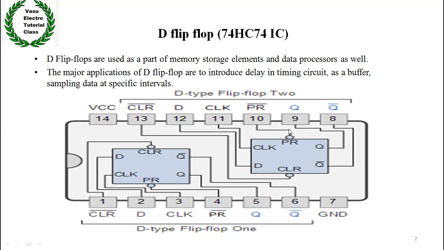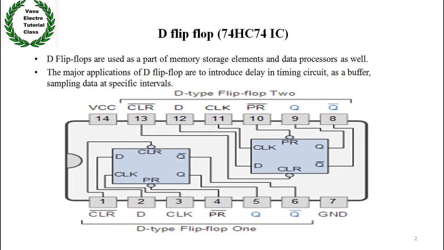The second D flip-flop is given here: the 8th pin is for Q bar, the 9th pin is for Q, the 10th pin is for preset, the 11th pin is for clock, the 12th pin is for D, and the 13th pin is for clear. These are the pin configurations of the D flip-flop.